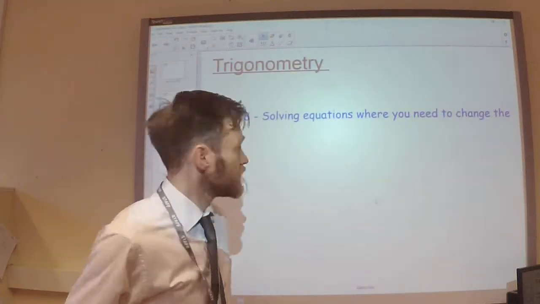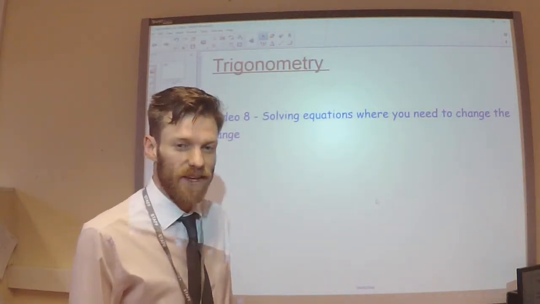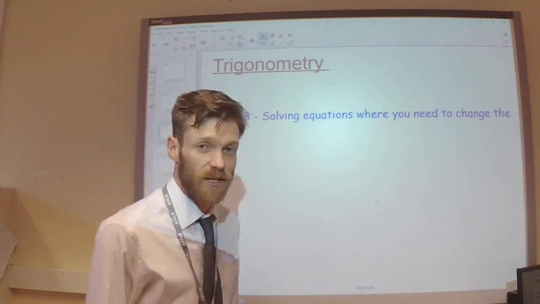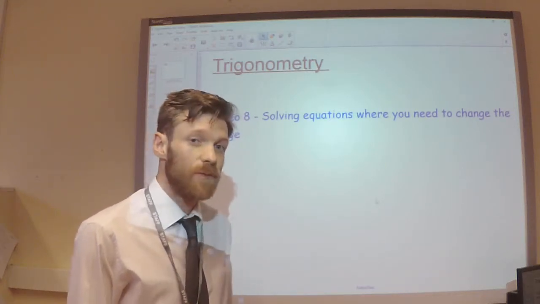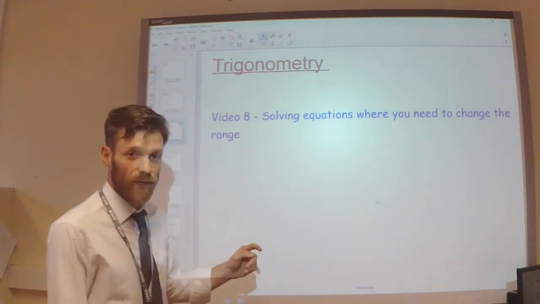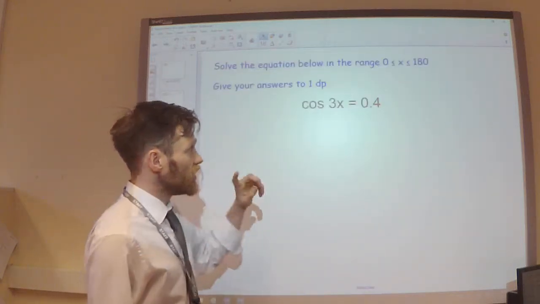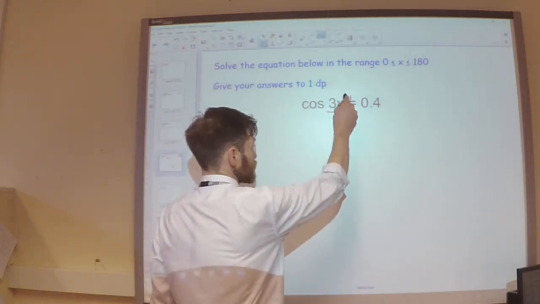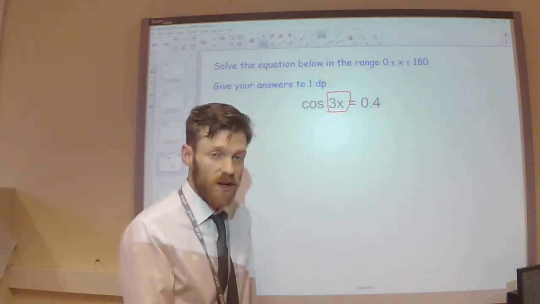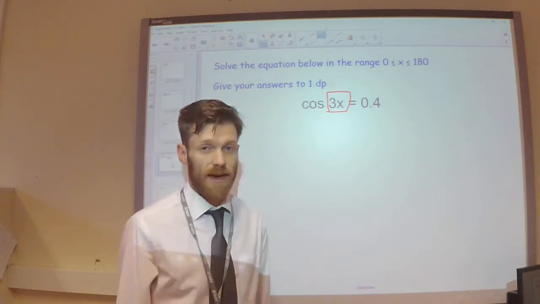This is the 8th video on trigonometry, where we're going to have a look at solving some trigonometric equations where you're going to need to change the range of the x values that you're given. You know when you're going to need to do that when you have some function within your trigonometric function.